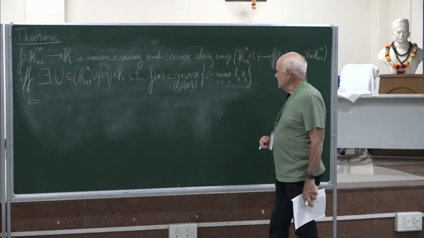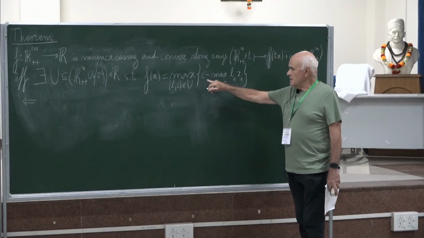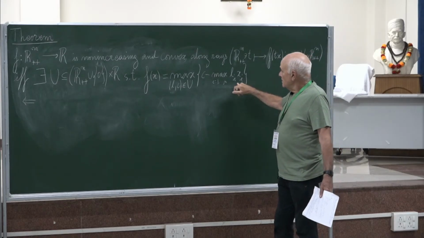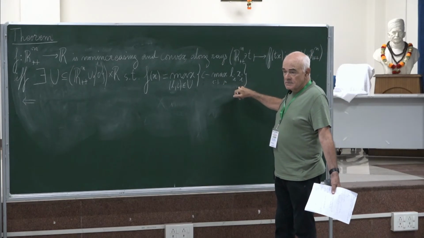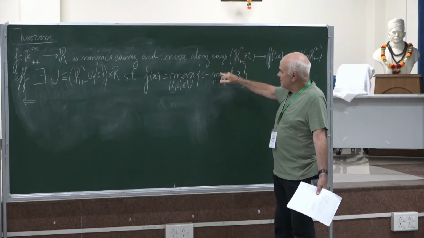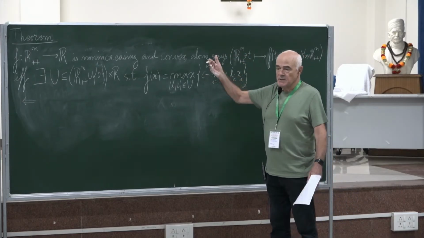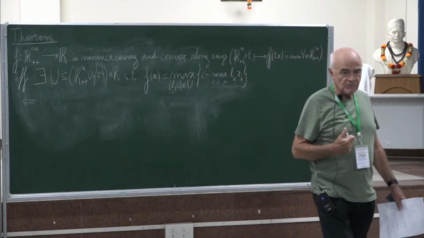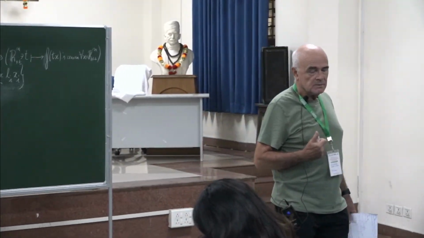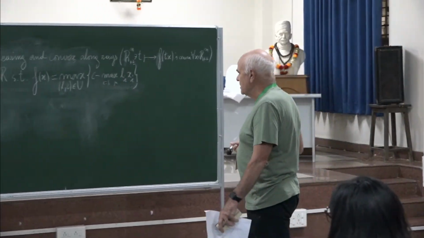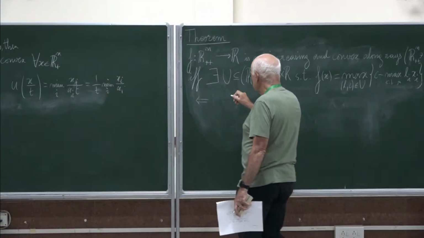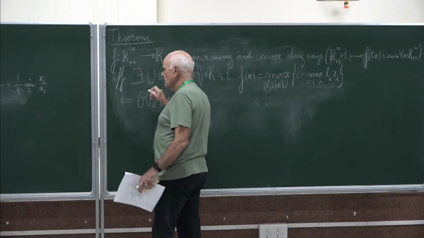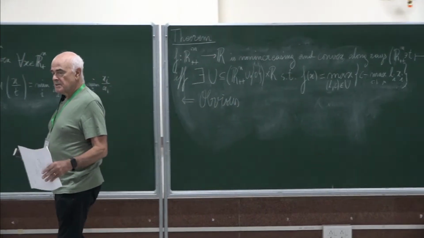Okay? Because, as I said, each one is non-increasing, because when x_i increases, then the max increases, but there is a minus sign, etc. So it's non-increasing, and convex along rays I already justified. Okay? So there is nothing to prove in this direction. So the opposite direction is the interesting one.